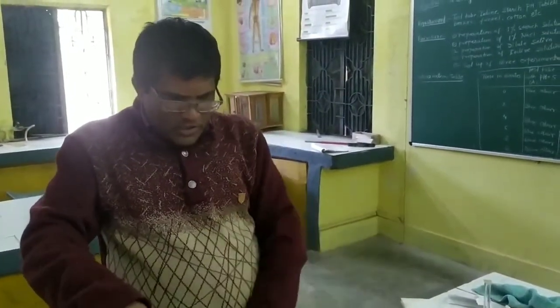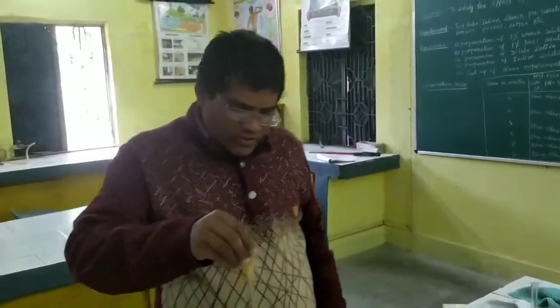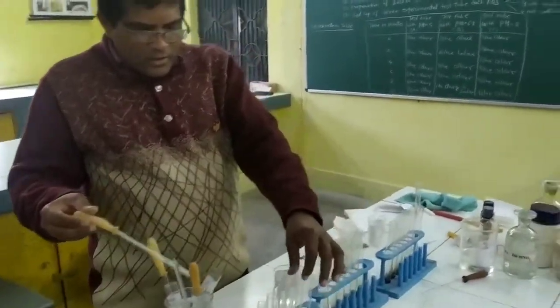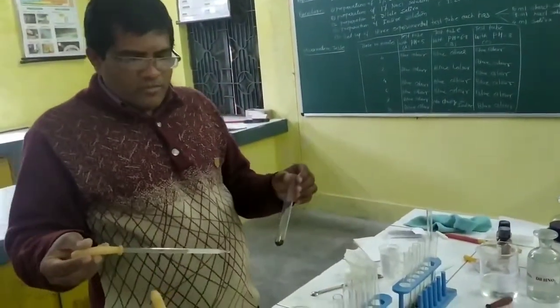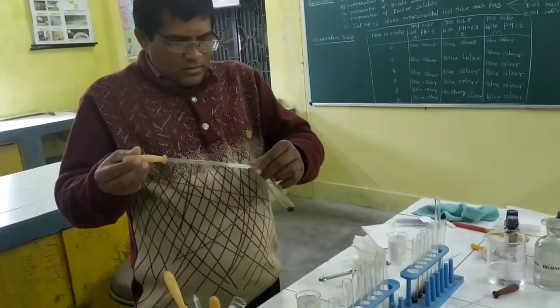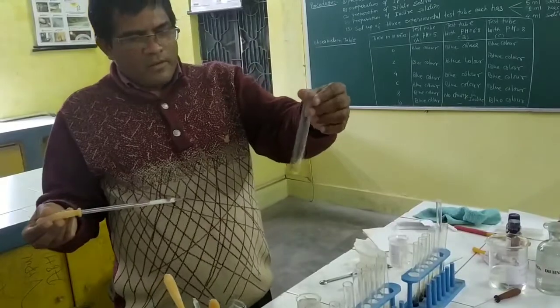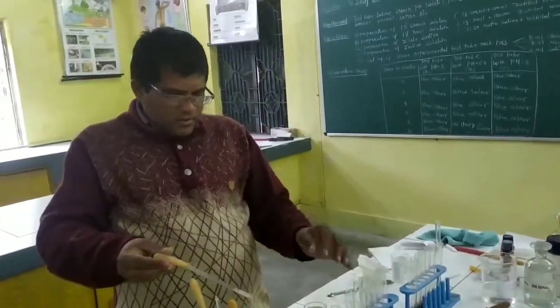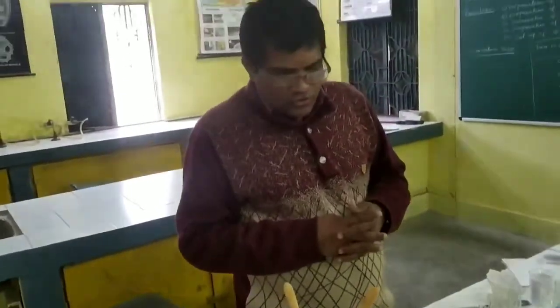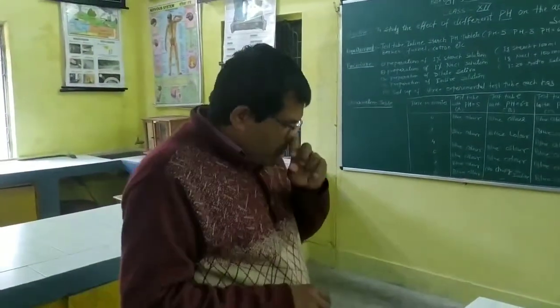Then test tube C, again you take the solution and the blue-black color comes. So here, due to more pH, the color gets disappeared. But when the pH 8 tablet is used, all the readings we have to repeat until we attain the achromic point.